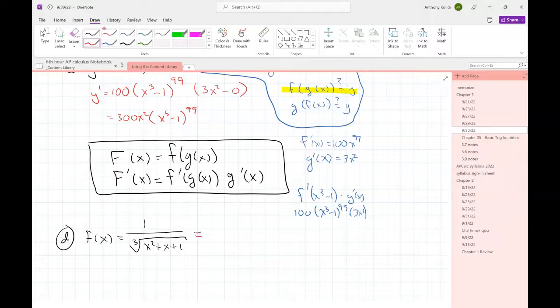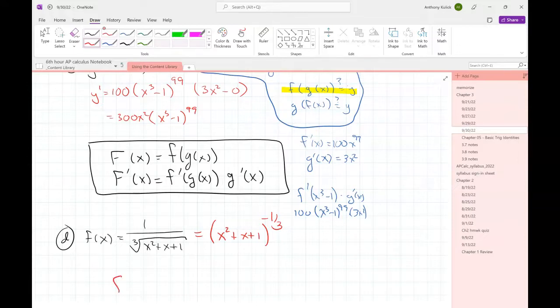Well, what if we think about it this way? What have I accomplished by doing this? Just the chain rule now, right? And comparatively, which one is the easier one to do? The chain rule, right?